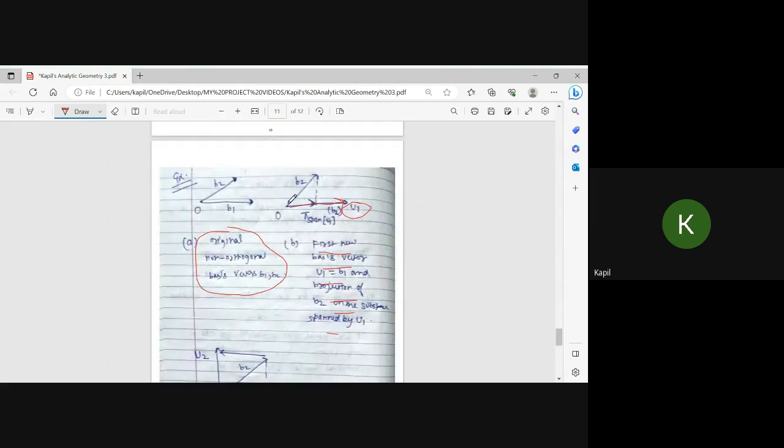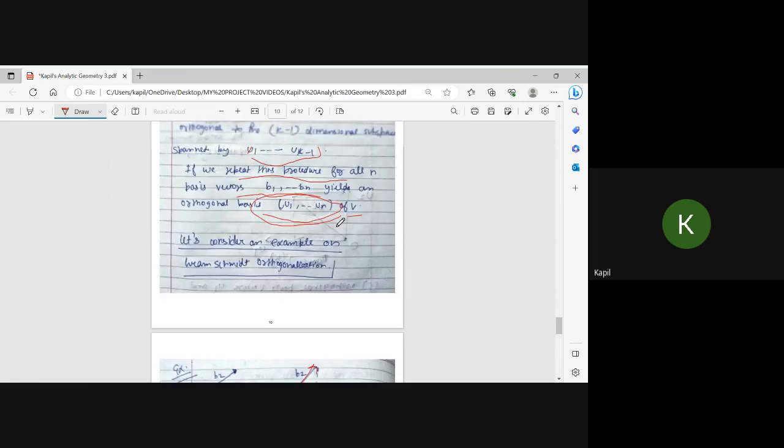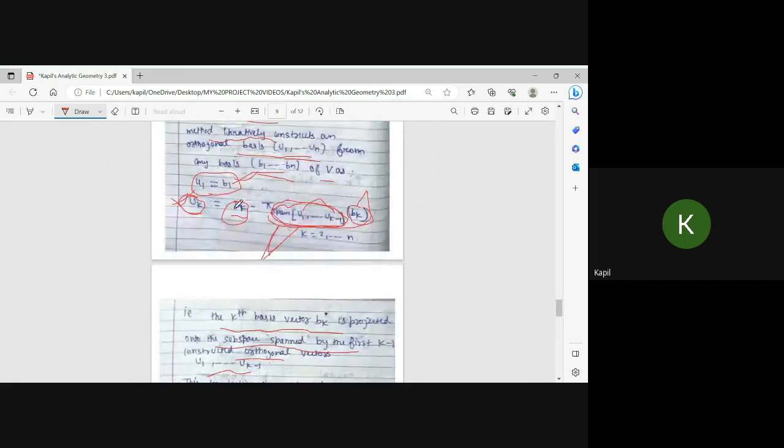This is the vector b2 and this is its projection, and the projection of b2 is on the span of the orthogonal vector u1, that is, the span of the first k minus 1 orthogonal vectors. That property we have applied here.